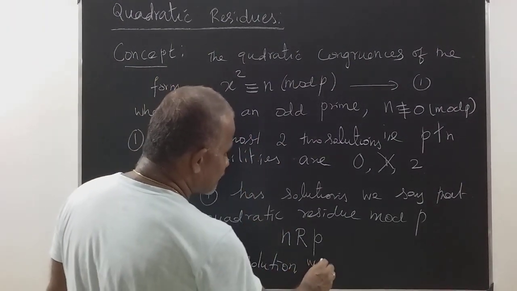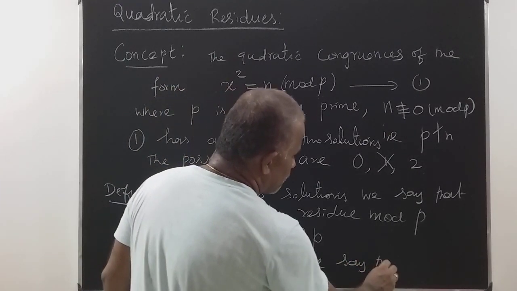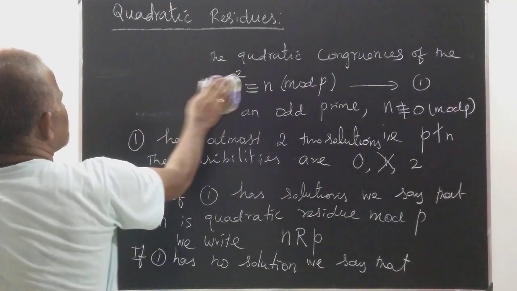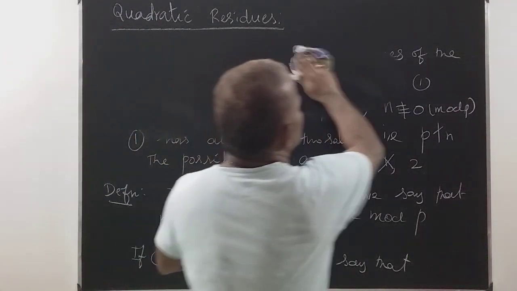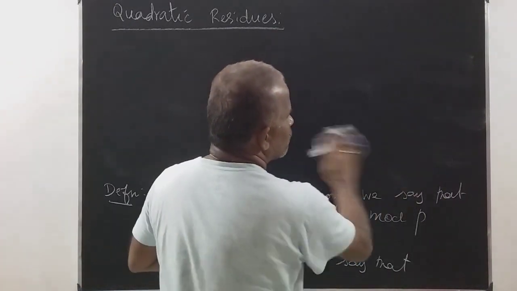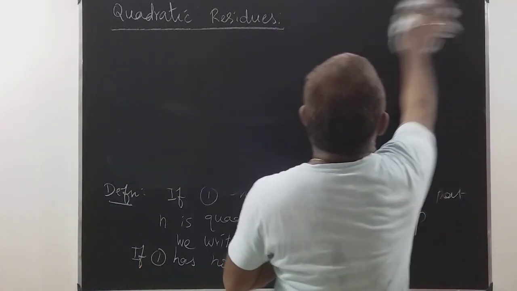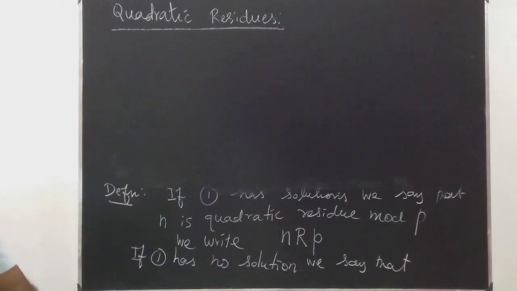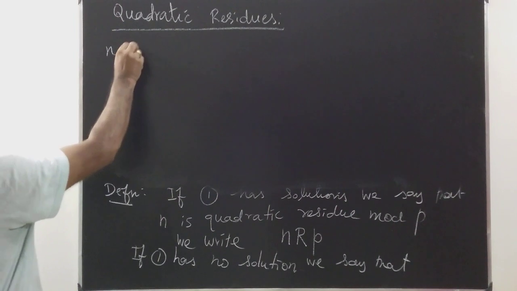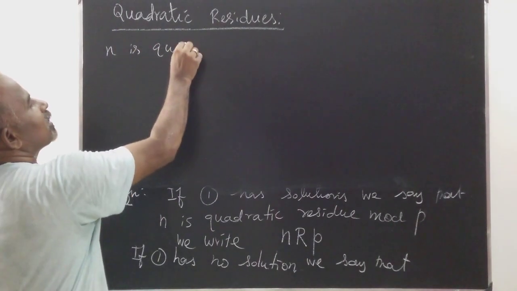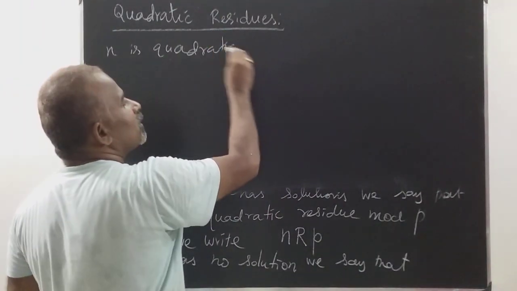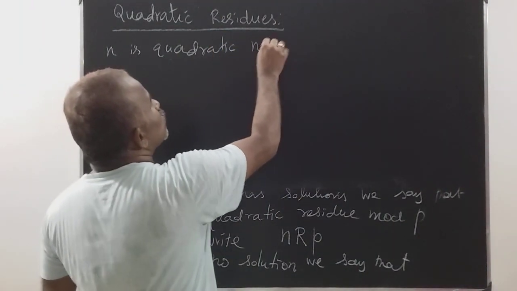We say that n is a quadratic non-residue mod p.